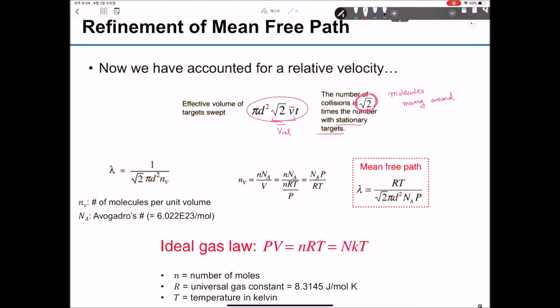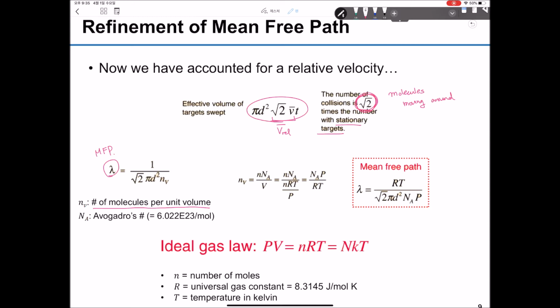All right. So this lambda is a famous expression for mean free path. Right, and this equals 1 over root 2 times pi d squared times the number of molecules per unit volume. Okay.